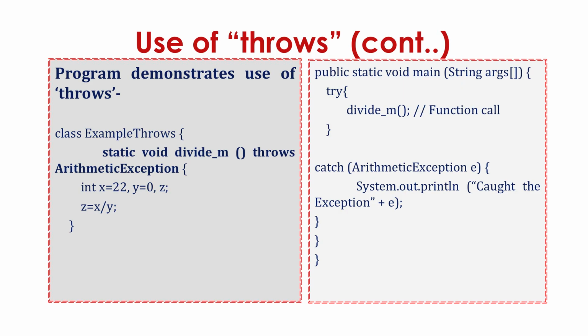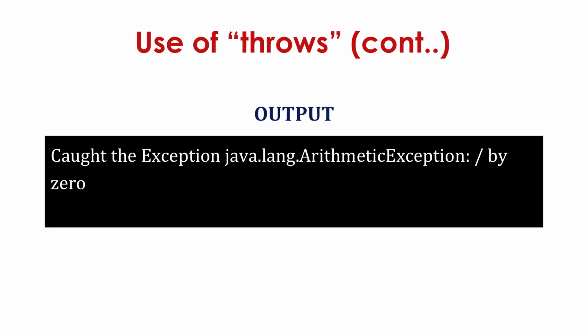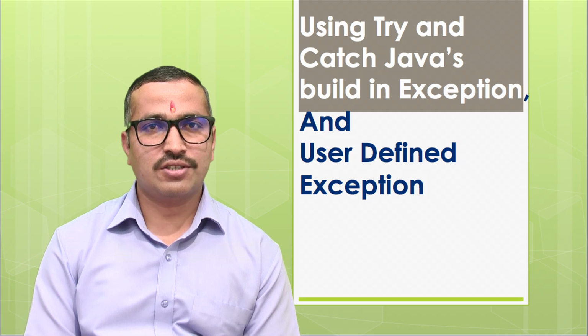Now the main function starts, and we call this method inside the try block, the function call divide_m, which we defined earlier in this class. So what may happen, see, the catch block is there for ArithmeticException, which may occur. So look at the output. The output: caught the exception java.lang.ArithmeticException, divide by 0. So these are the things.